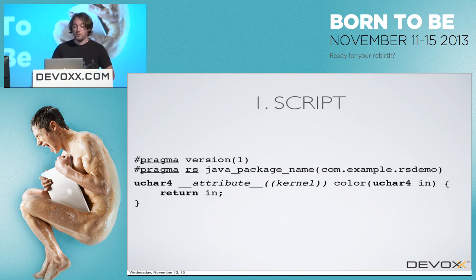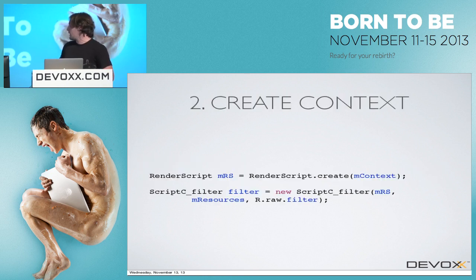So you write that script, put it into an RS file, and the toolchain will generate a Java class that you can interact with. The function itself is very straightforward. It is a C function with just an attribute saying that it's a kernel, which means it's something you'll be able to call from Java. You can also create functions in Renderscript that you can call in the kernel.